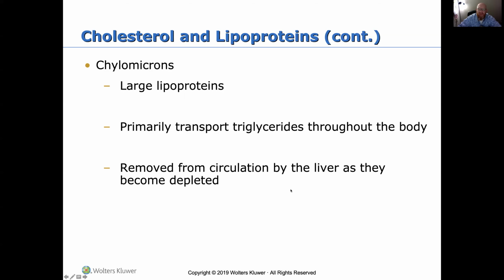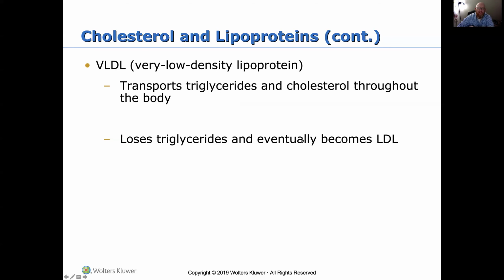Chylomicrons, not as important as the others to me. They're large lipoproteins. They transport triglycerides throughout the body. They're removed from circulation by the liver when they become depleted. VLDL, very low density lipoprotein. Know what this is? It transports triglycerides and cholesterol through the body.